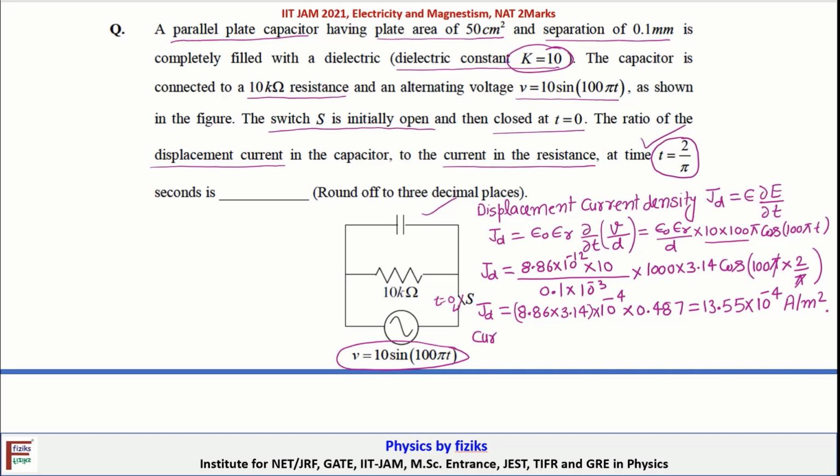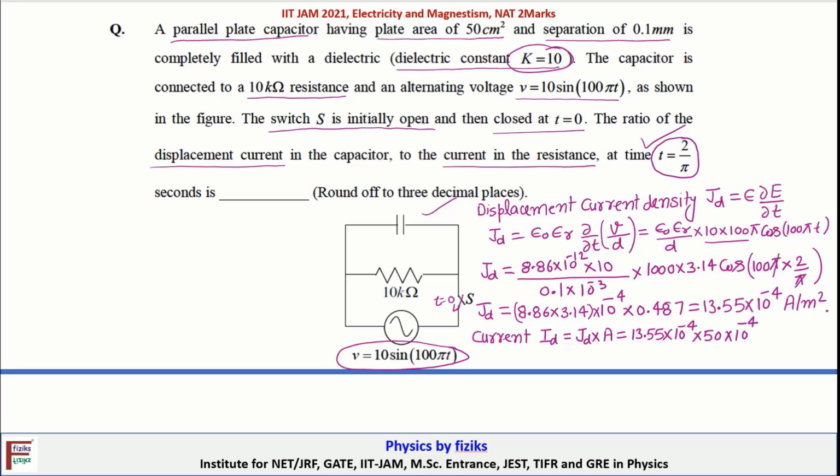Now the current, that is the displacement current ID, is JD multiplied by the plate area. So that will be 13.55 times 10 to the power minus 4. Now we have to write the area in meter square, so that will be 50 times 10 to the power minus 4.